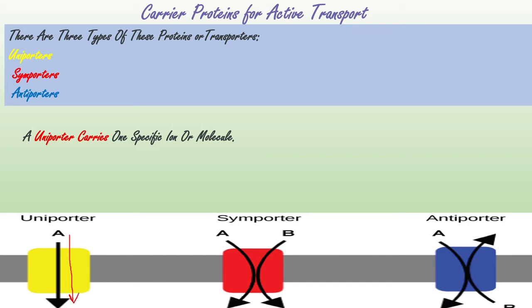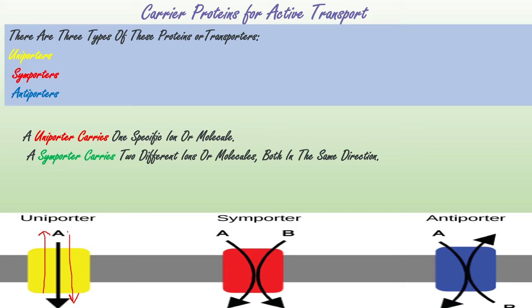The direction of movement may be from outer side to inner side or from inner side to outer side, but it only transports one molecule at a time. The other type is the symporter carrier, where two different ions or molecules are both transported in the same direction, like this way or like this way.